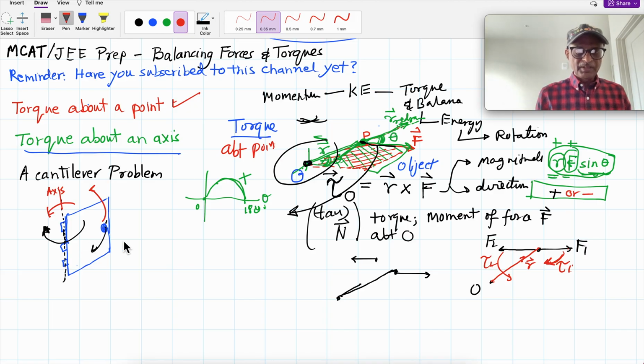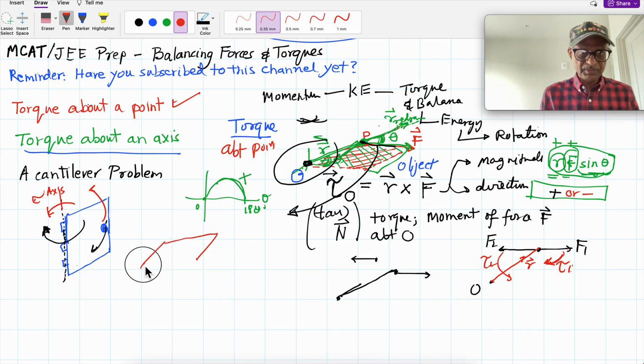So if this is the axis, well, let's look from the top. And so we look at the force in some plane. Let this be the axis.